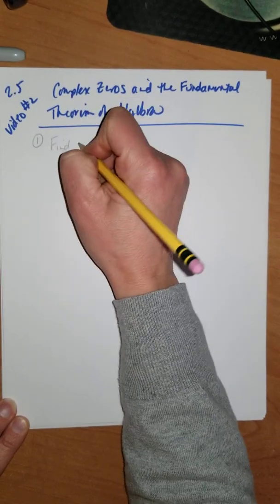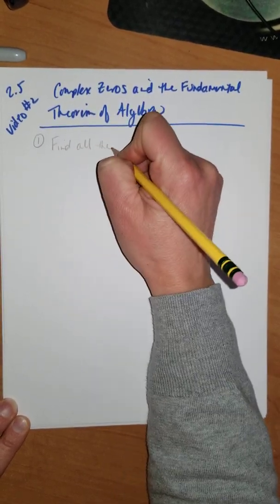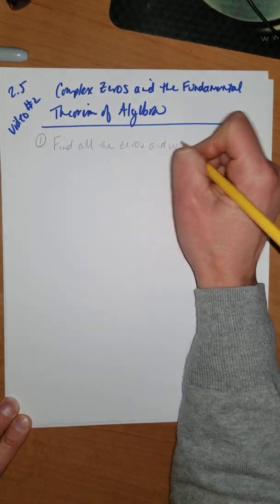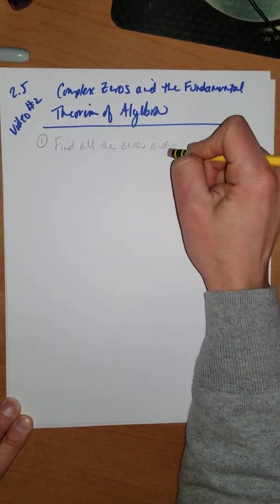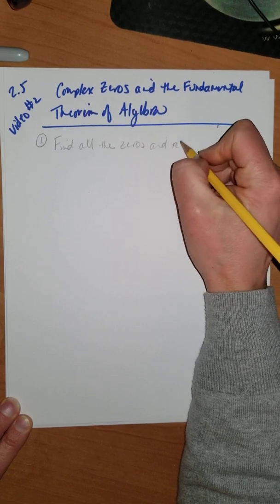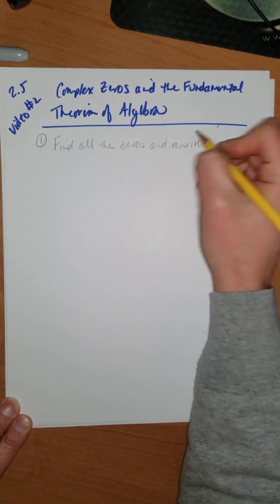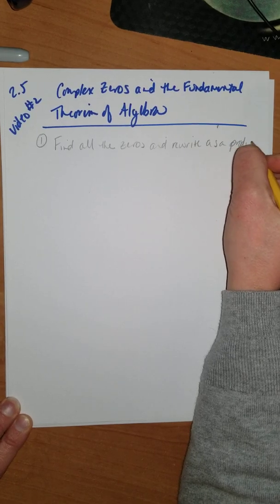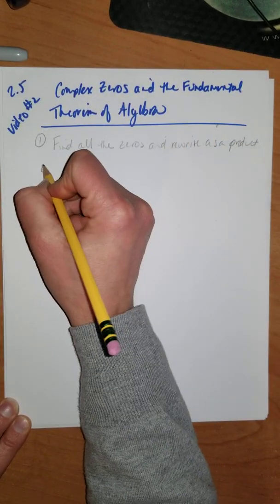is find all the zeros and rewrite this as a product of linear factors.